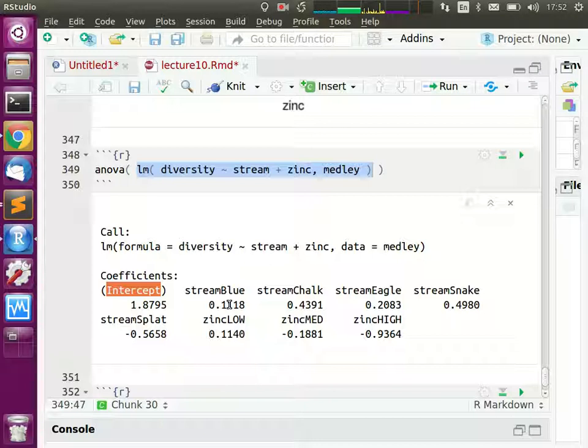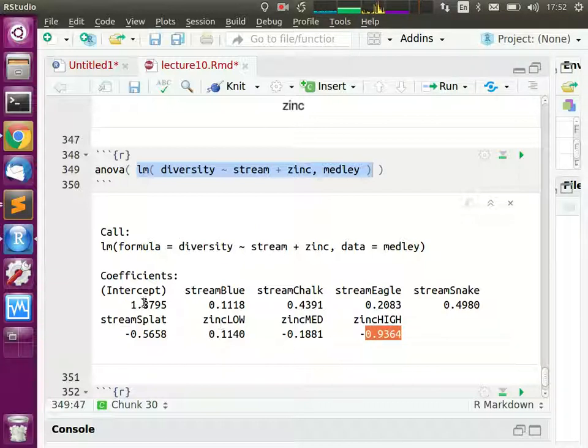Now the sum of squares is the deviation from the fitted value, and because we have two factors, the fitted value is now not simply the mean of a group, but instead we try to find a value for each possible combination, by making this formula saying the fitted value should be an overall value, a base level of diversity, plus an effect in case it's a specific stream, plus an effect in case it's a specific zinc level.